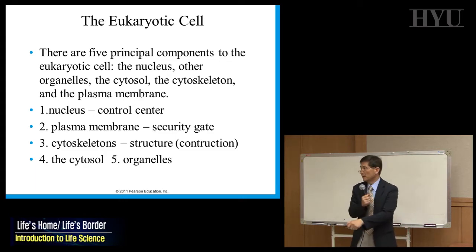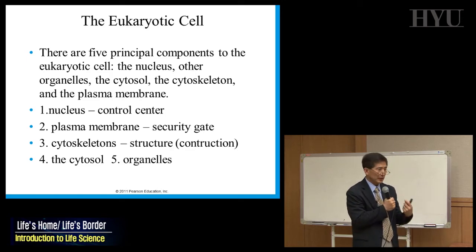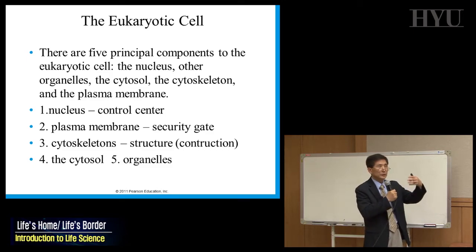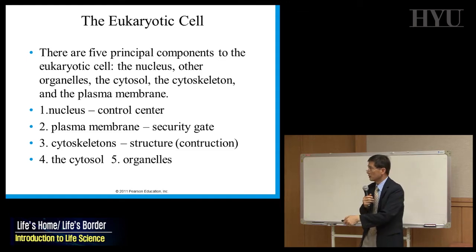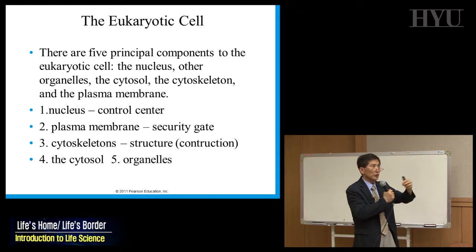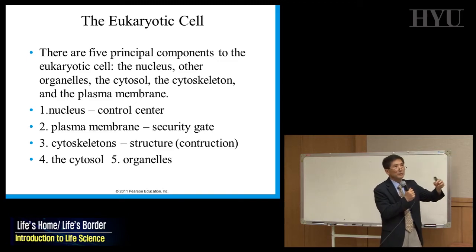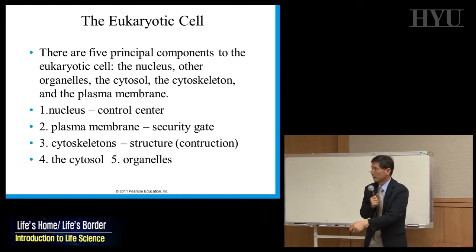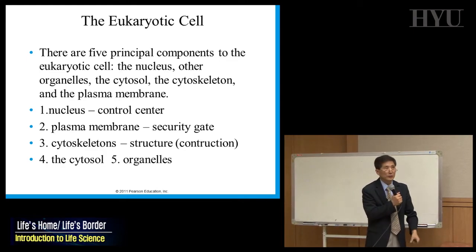And then the third one is called the cytoskeleton. Skeleton means bones, and cyto means cell. In other words, the structure of the cell, like construction. You can build something, you can destruct something. That's the cytoskeleton. Then number 4 is the cytosol or cytoplasm.